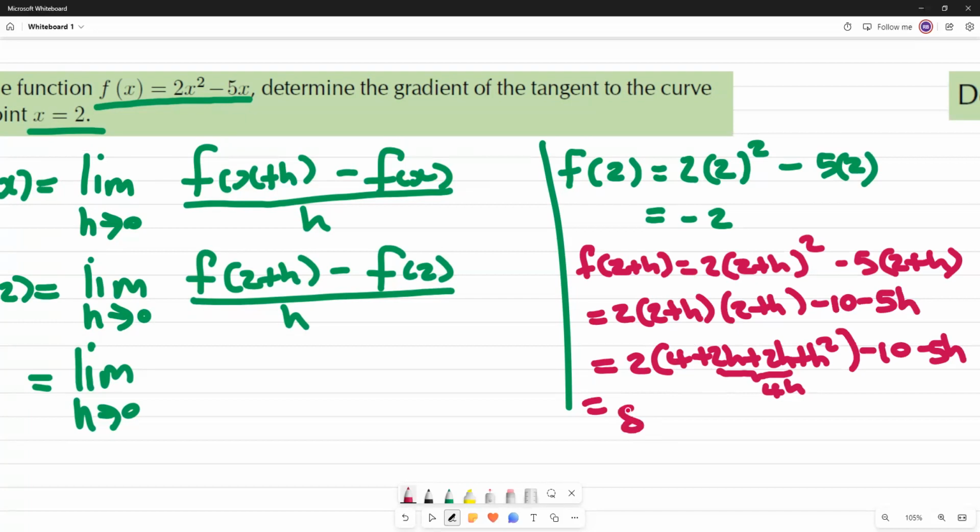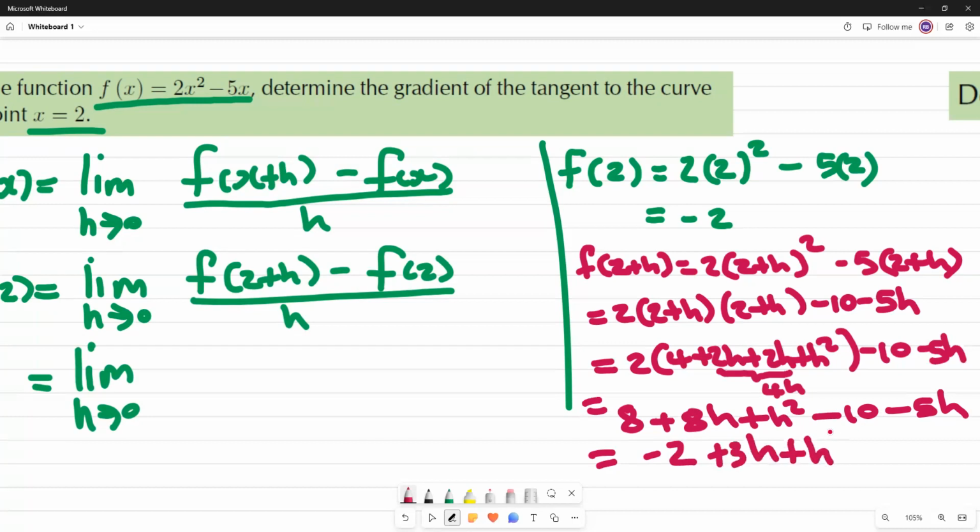So we're going to have 8 plus this times that gives us 8h plus h squared minus 10 minus 5h, right? Then we can see that 8 minus 10 gives you negative 2. Then 8h minus 5h gives you plus 3h plus h squared, right?